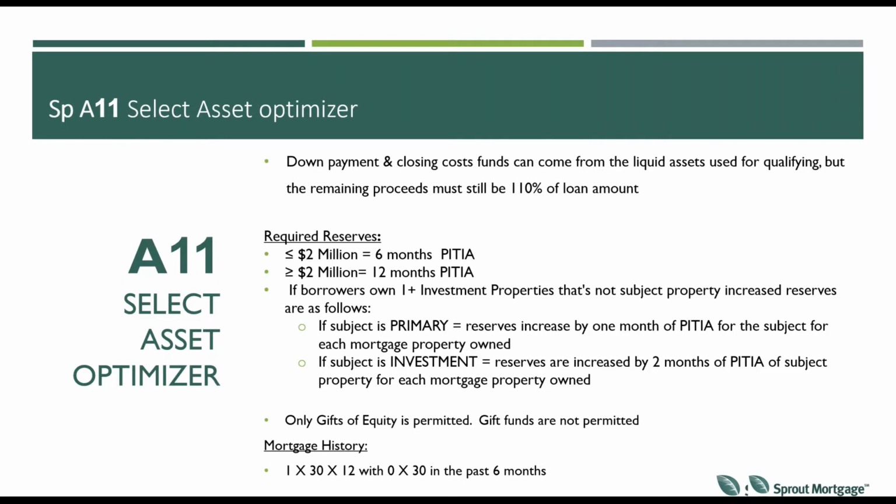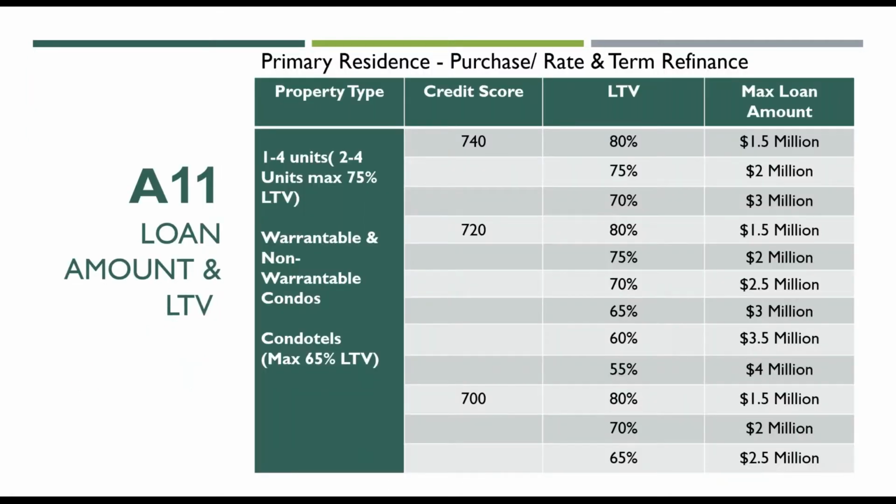In addition, they would need to have the down payment and closing costs. So our example of having 650,000 in their account, that would be no problem, right? So just keep in mind that they still need to have 110%. And then the matrices are listed here.